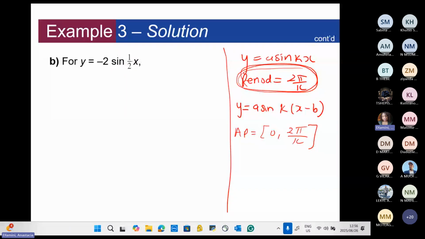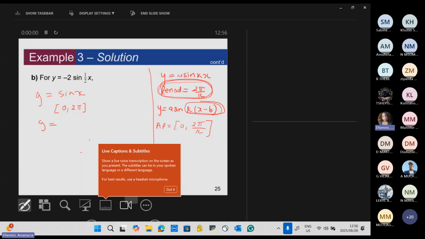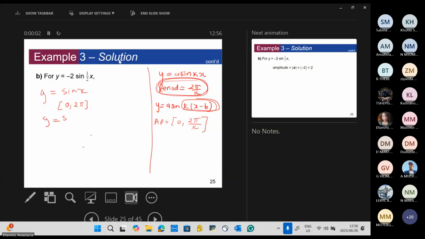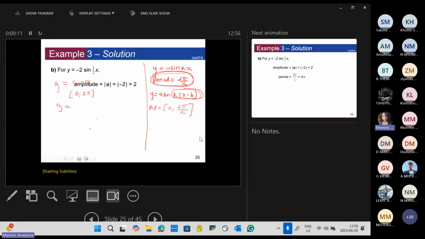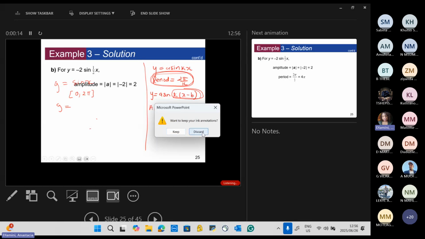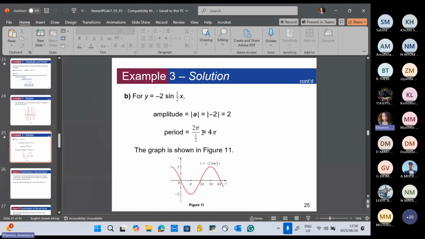Because we said y equals sine of x, the appropriate interval where you need to start is 0 to 2 pi. So if we have y equals sine of x, we don't just start anywhere.